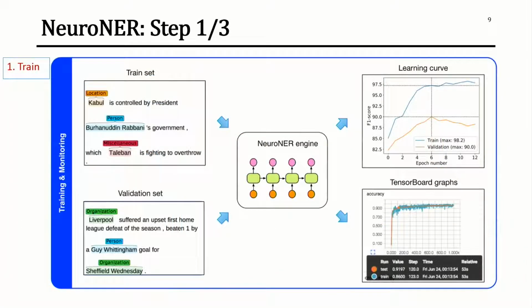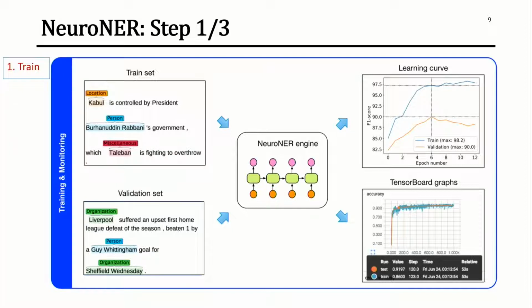So in the training process, we require some datasets. We divide them into a training set and a validation set to train and validate the model. Once we prepare the training and validation sets, we can fit them into the Neural NER engine.